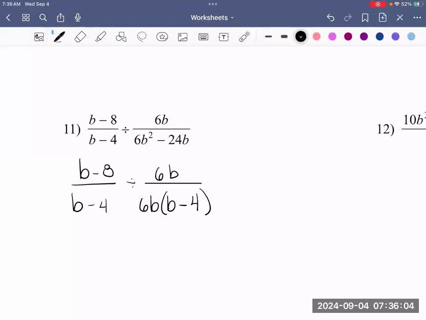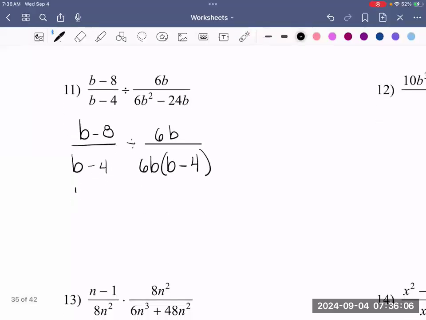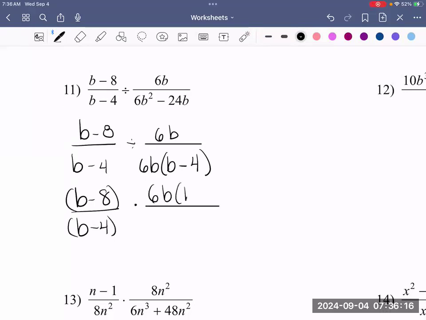So let's go ahead and keep, change, flip before we cancel. If you wanted, you could put these all into parentheses. We're going to flip everything. 6B, B minus 4, and 6B over here. And then we can go ahead and cancel. We're left with B minus 8.